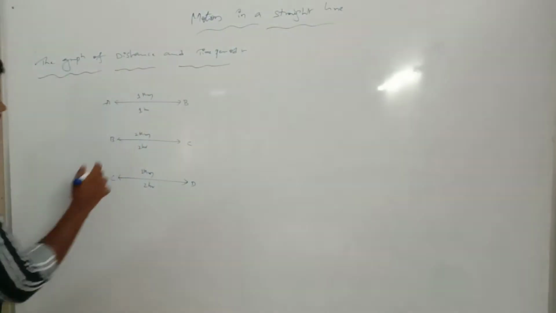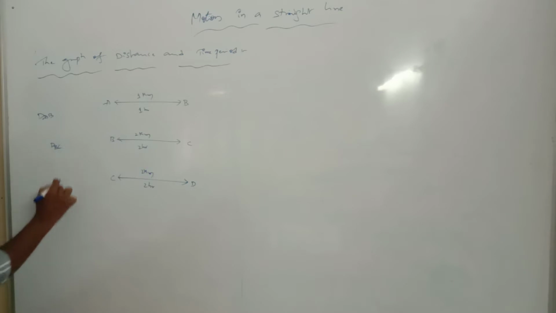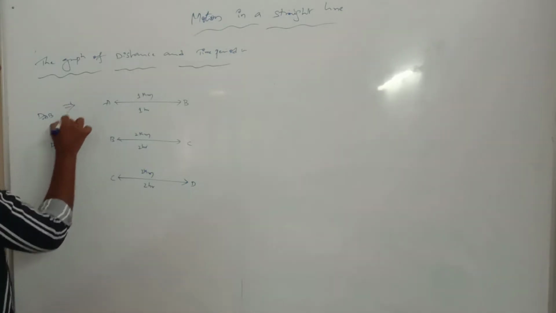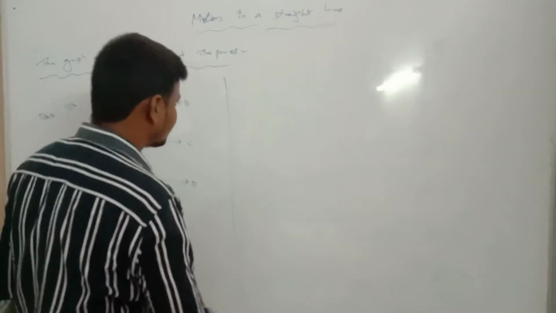Now we are going to the distance of AB, the distance of BC, the distance of CD. This is the graph portion.